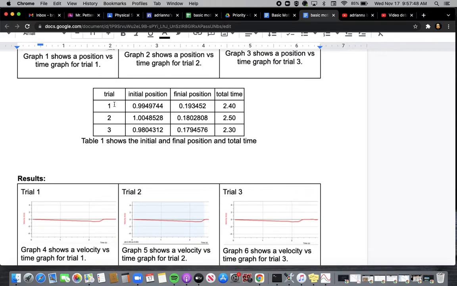And so the initial position, we'll say the positions are quite similar. The first positions are quite similar as when it started going down, because they all started the exact same.